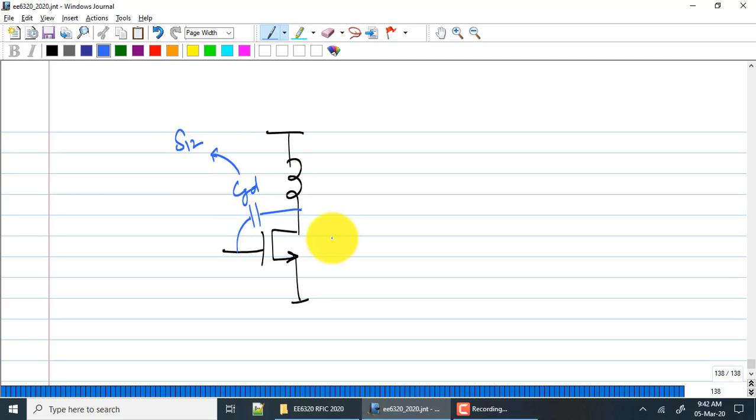We fix that by adding the cascode. That works well at very low frequencies, at a couple of gigahertz, 3, 4, 5 gigahertz. If you go to 28 gigahertz, this doesn't work well. So you have to do other explicit ways of making the circuit unilateral.